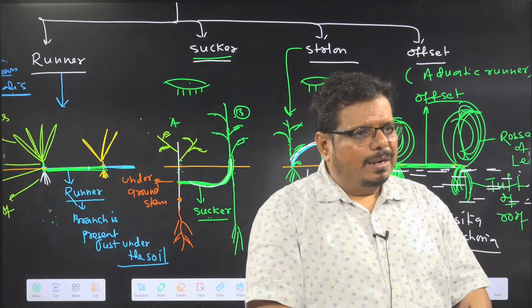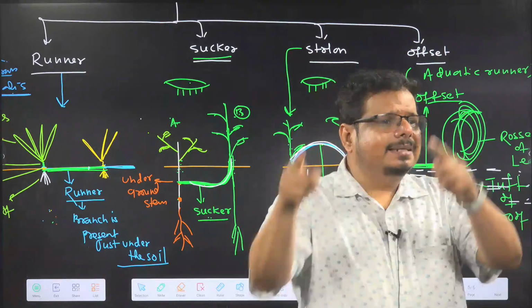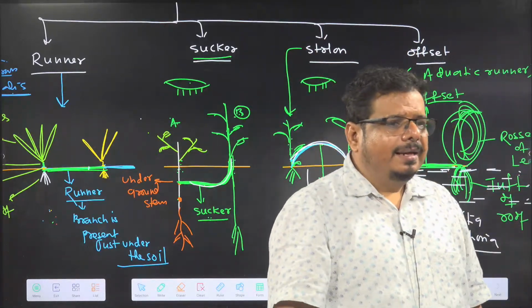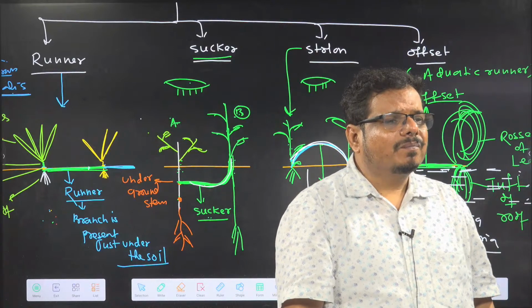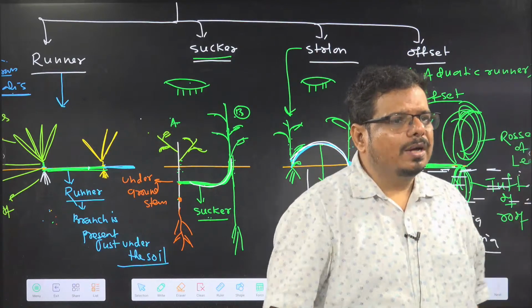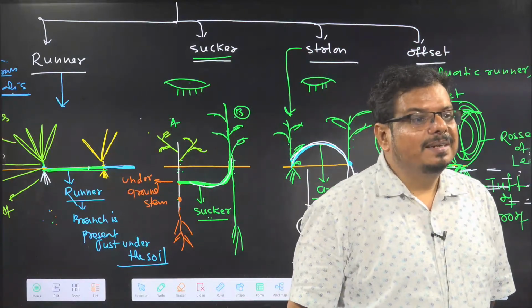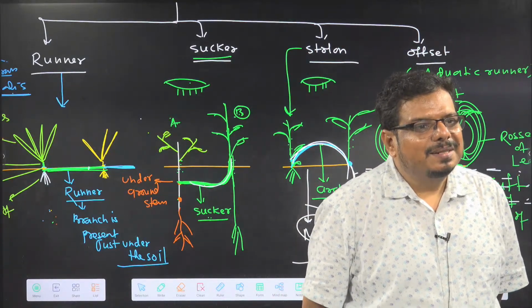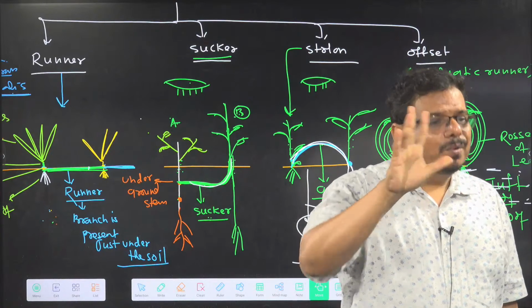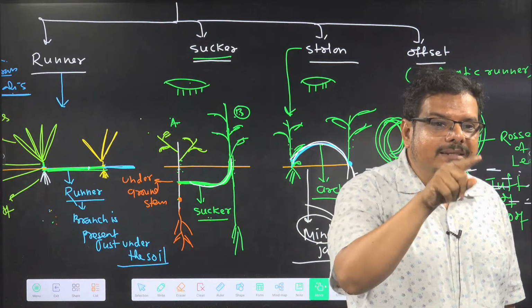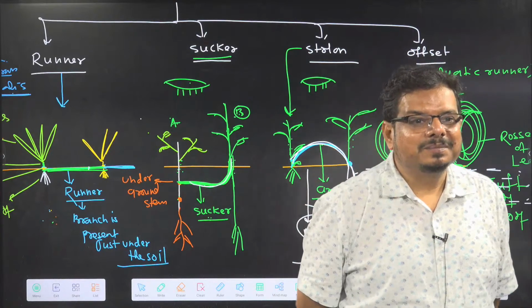One type of mint is in sucker, another type of mint is in stolon. In the NEET exam they ask, mint belongs to, and stolon was not in the option. In that case, the answer is sucker. So I have given you that information to handle this particular question.